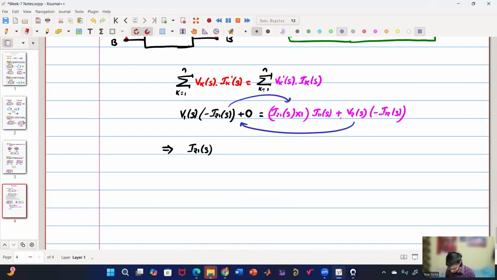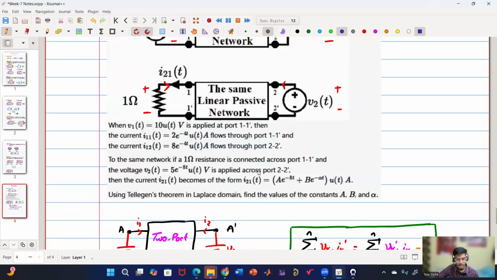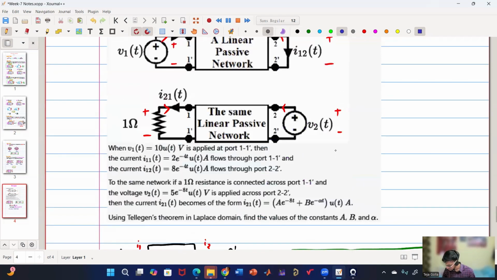So if I do that, on the LHS we have V2 of S into I12 of S is equal to I21 of S, I'll take common, into V1 of S plus I11 of S. Agree? Yes, sir. So now let us go one by one and write. So what is V1 of S?